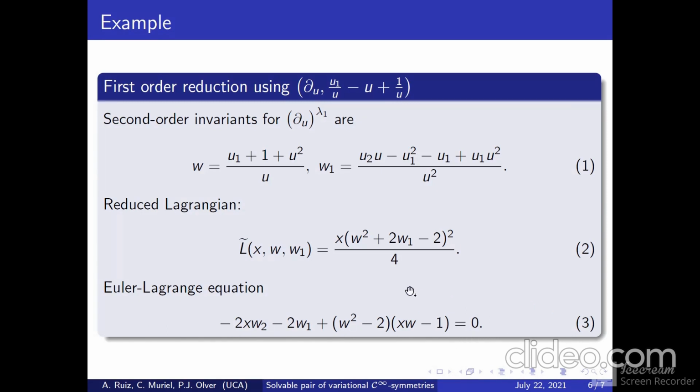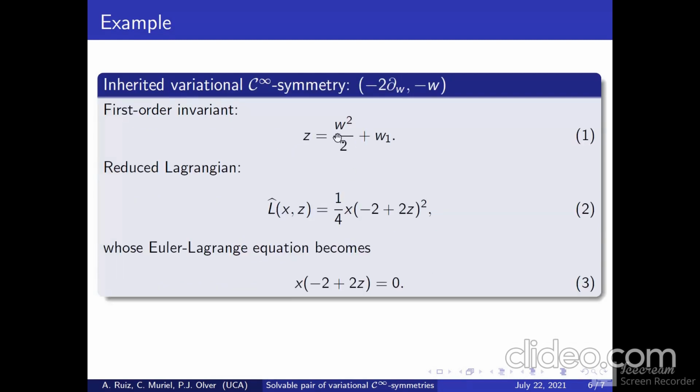In order to avoid this difficulty, we are going to use the second variational C-infinity symmetry that formed the solvable pair. For that, it can be checked that the solvability condition implies that the second variational C-infinity symmetry provides a new variational C-infinity symmetry for the reduced variational problem.